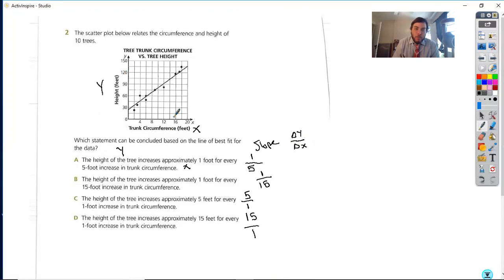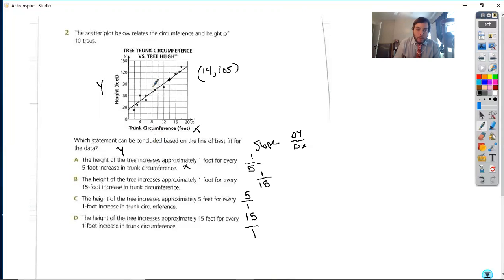So I'm going to pick 2 points that I think I can see on this line that are close to being on the line. So one point, let's go with this point here. If I look over here, the x value of this point is halfway between 12 and 16. So that's 14. And then the y value, if we look over, halfway between 90 and 120 is 105.